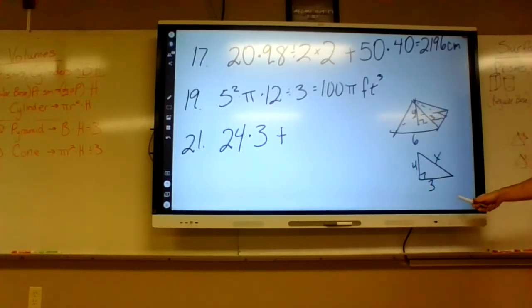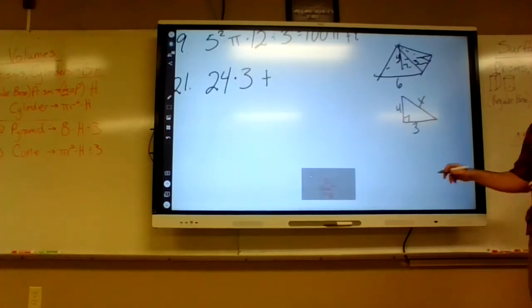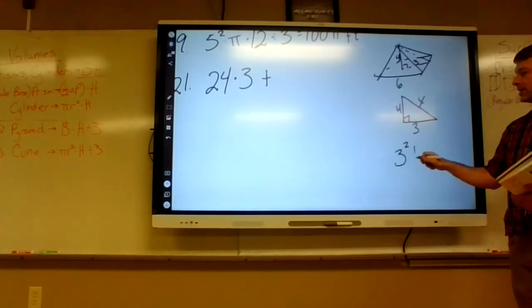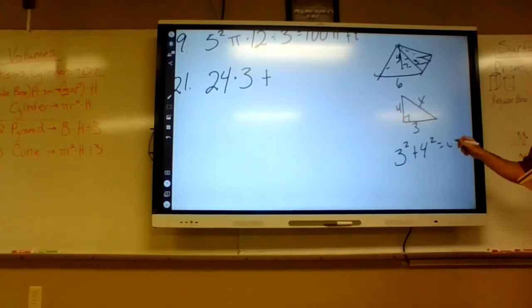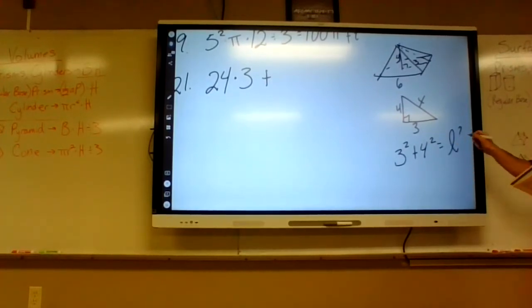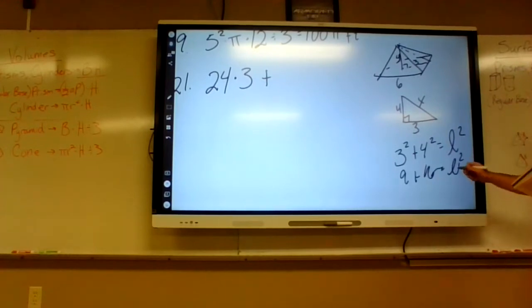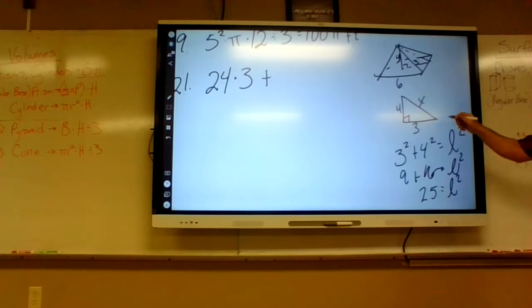You guys remember this right triangle? 3, 4. No? Alright then. 3 squared plus 4 squared equals slant height squared. 9 plus 16 equals 25. The square root of 25 is 5. So yeah, 3, 4, 5 makes a right triangle.